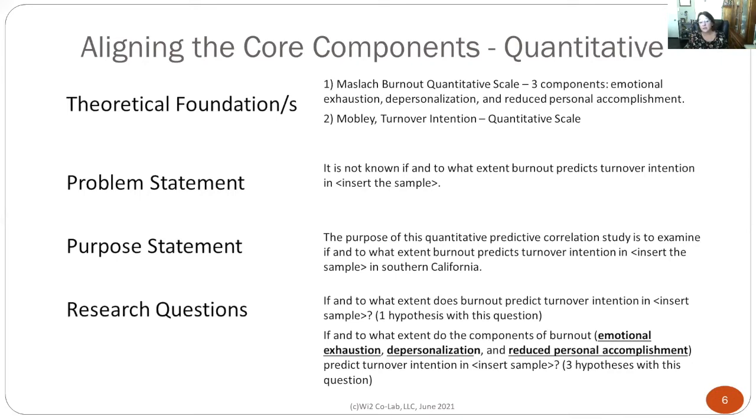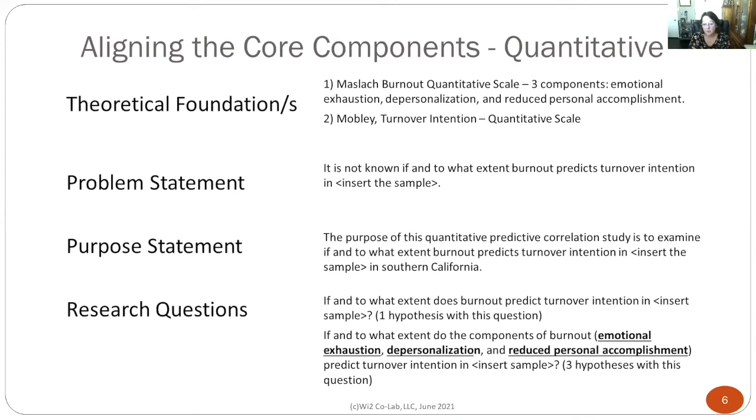I've just made this really simple, but if you're looking at this, it really doesn't make sense if we just put correlates to turnover intention, because turnover intention typically doesn't predict burnout. So the variables can't go either way. And so we're gonna put this into a predictive correlational study.